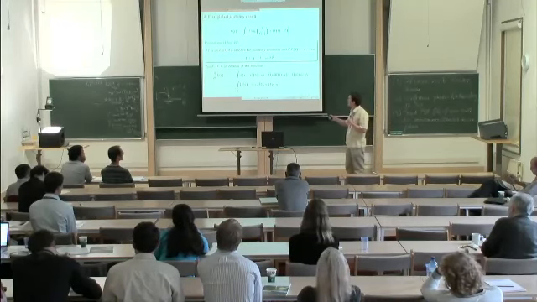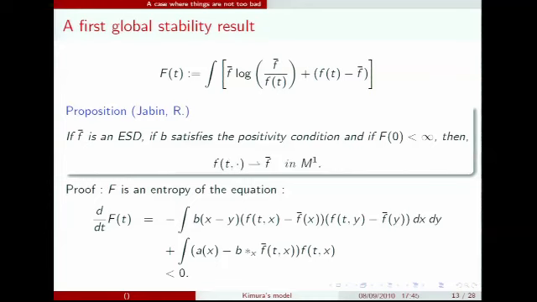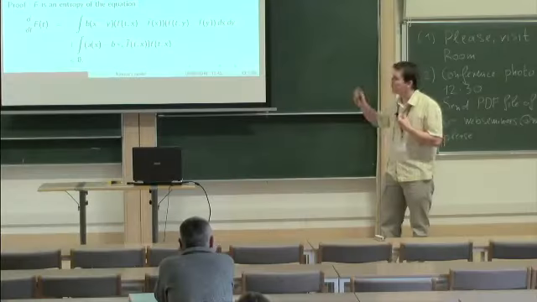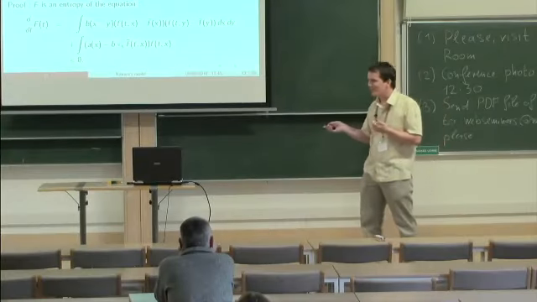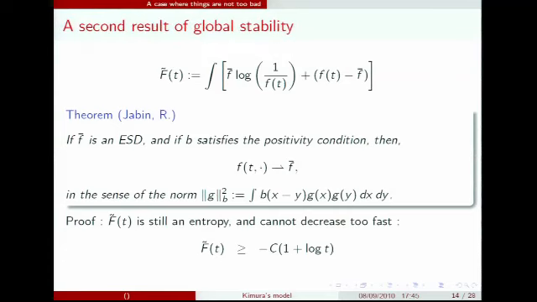We can notice that this can be decomposed as f bar log of f bar plus f bar log of 1 over f. So if we just remove the f bar here and replace it by a 1, we just subtract, let's say, a constant, which is infinite, but it's a constant. So that's what we do.